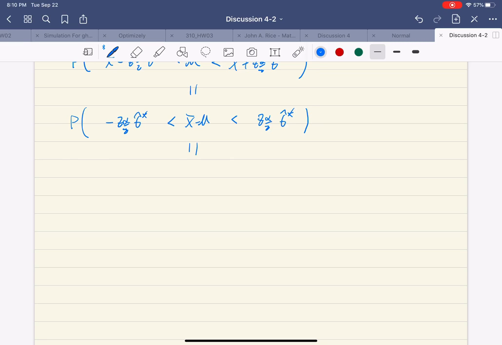So we have to divide by its standard deviation, sigma hat of S bar.